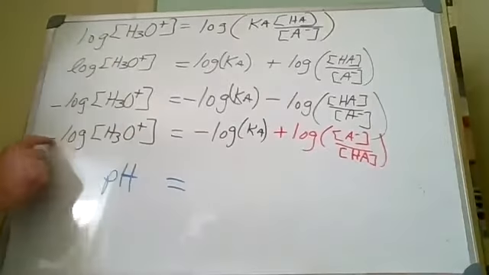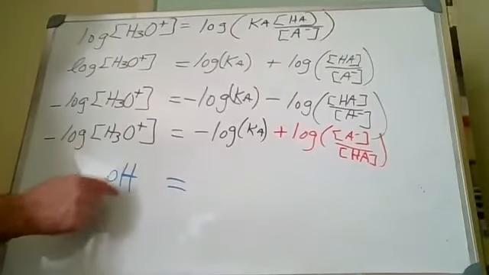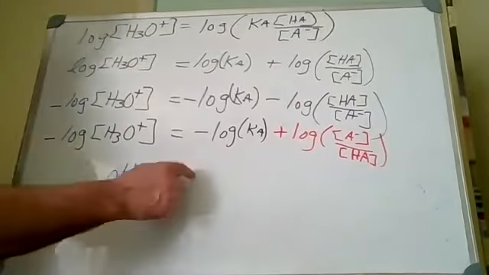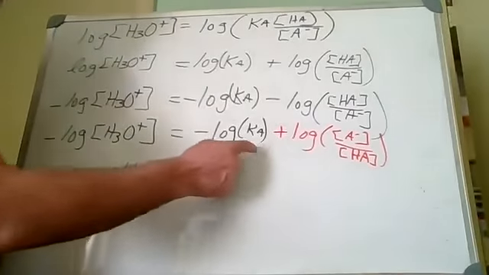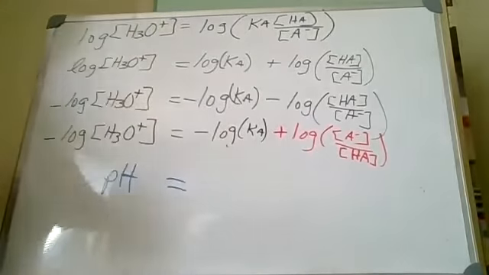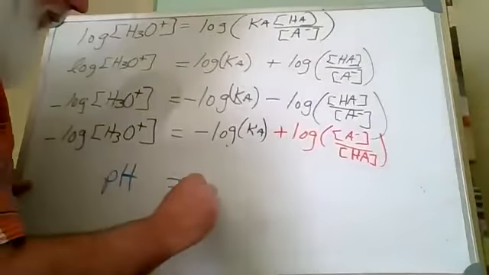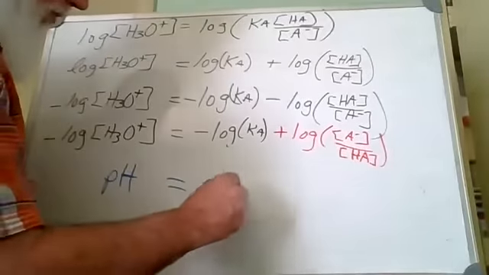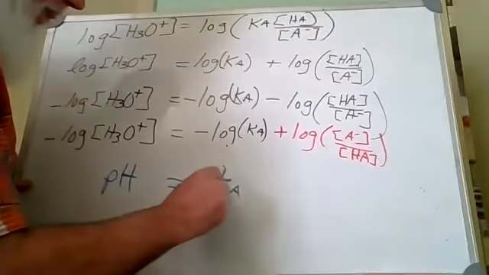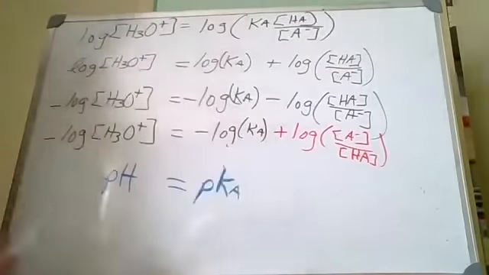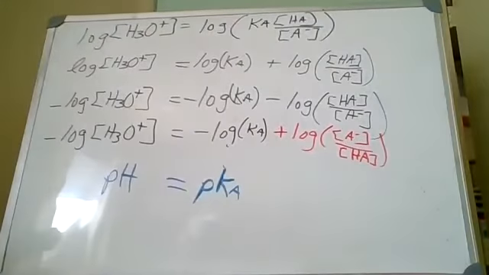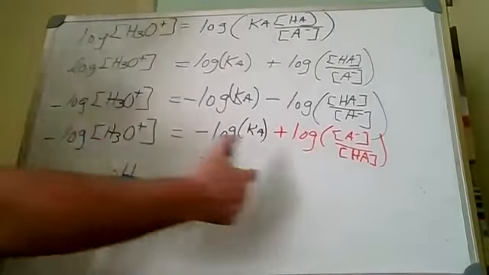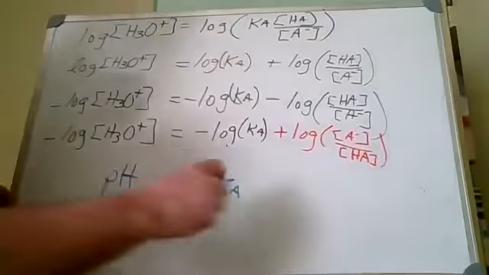Like if this was negative log of OH minus, then we would call this the pOH. Similarly, we can call negative log Ka pKa. Right, and then we're going to keep this last term the same.